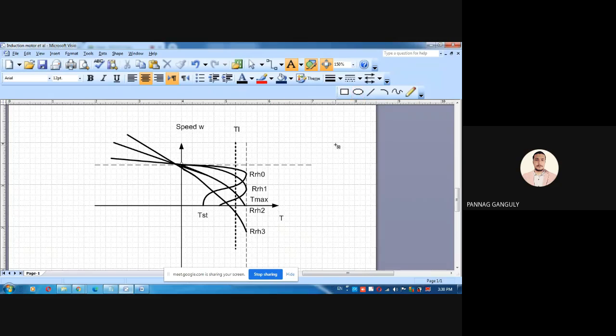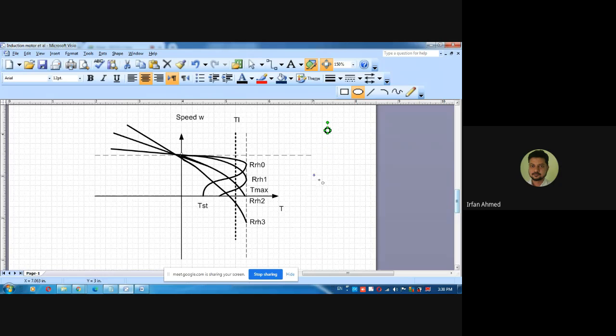It will remain the same, sir, but in the opposite direction. Correct. Yes, it will remain the same, but in the opposite direction. This is now your synchronous speed.